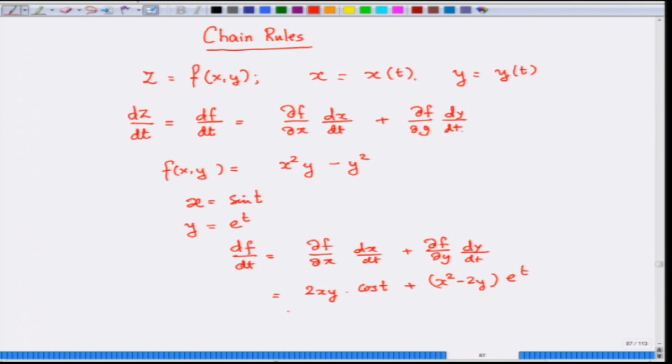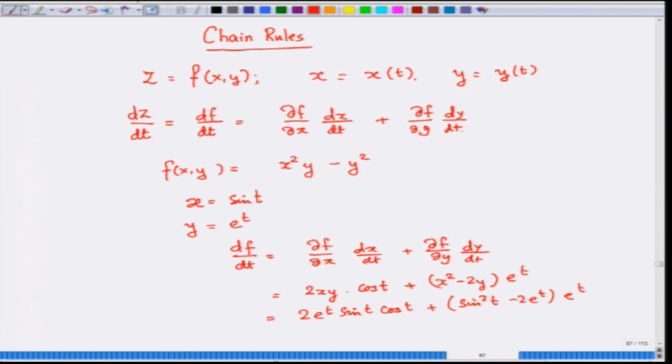Now, you see there is a mixture of functions of x, y and t. So, what you do? It is 2 e^t sin t cos t plus sin squared t minus 2 e^t e^t, that is the derivative, that is df/dt. Now, we are going to go to the second formulation.